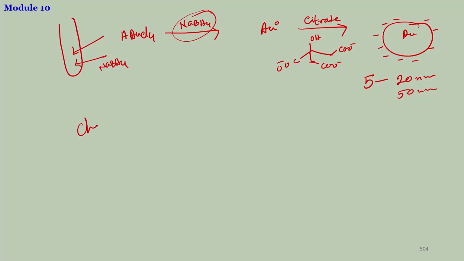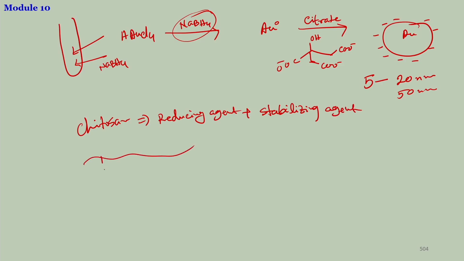So, I will show you, just for example, if you take the example of chitosan, reducing agent plus stabilizing agent both. So, if this is your chitosan, you have amine group here, amine group there, and here you have the hydroxyl groups as well.